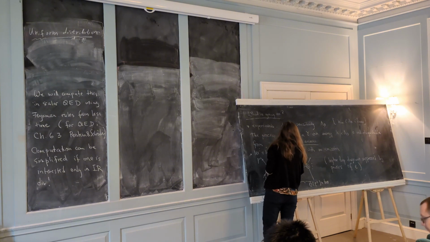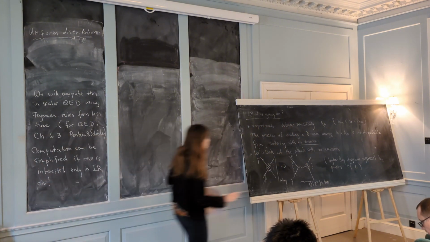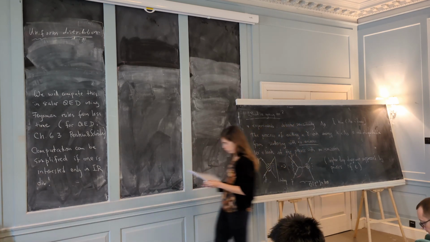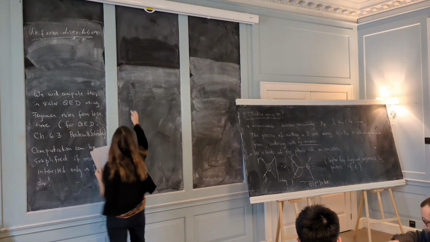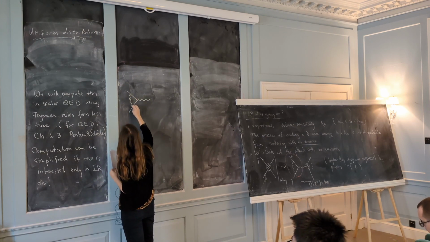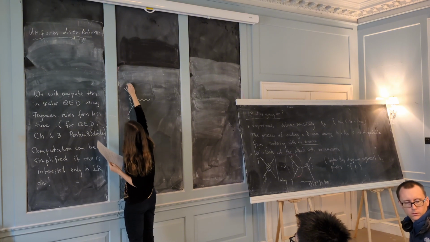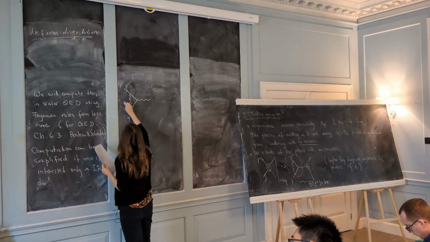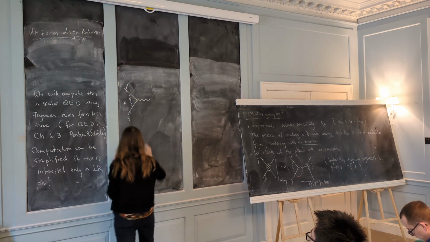I'm going to focus on this part. This is a different color. Okay, when you look at that, this diagram, let's write it a bit bigger here. So we have incoming momentum P, outgoing momentum P prime, and then let K be the four-momentum of the photon in the loop.